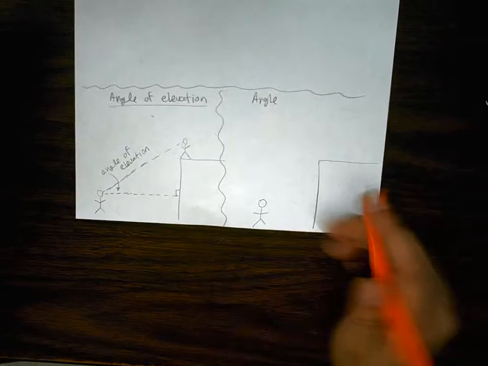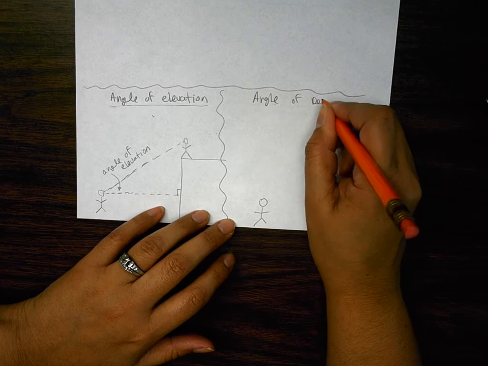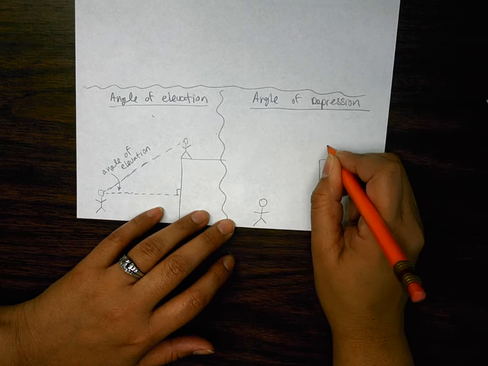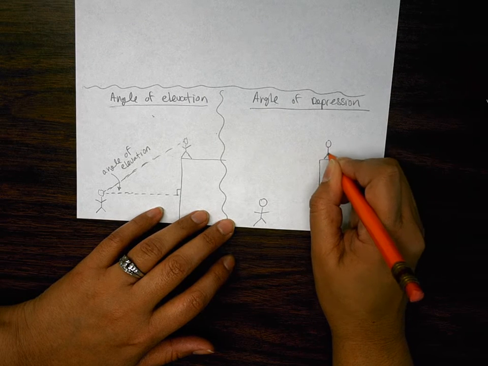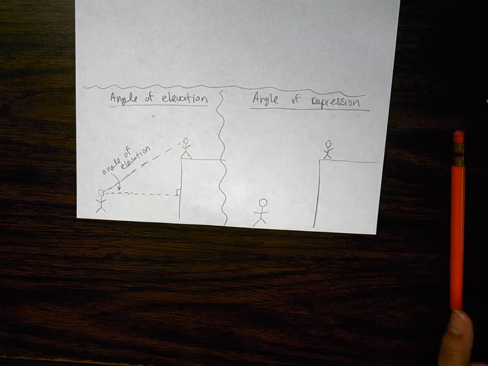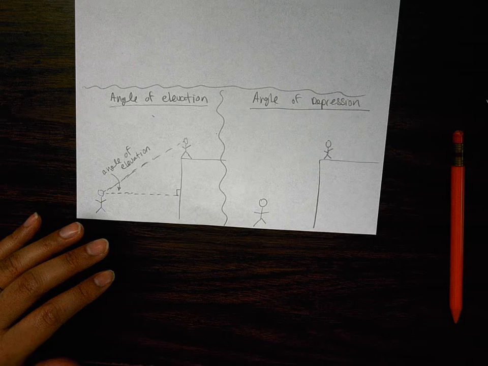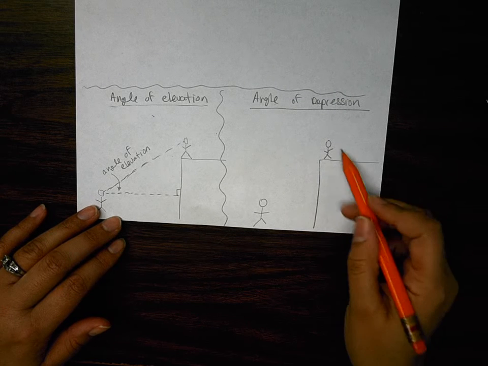Yes? All right, we're going to redraw this picture. This one we're going to title angle of depression. To depress means to push down. So would you be going up or going down? Down.